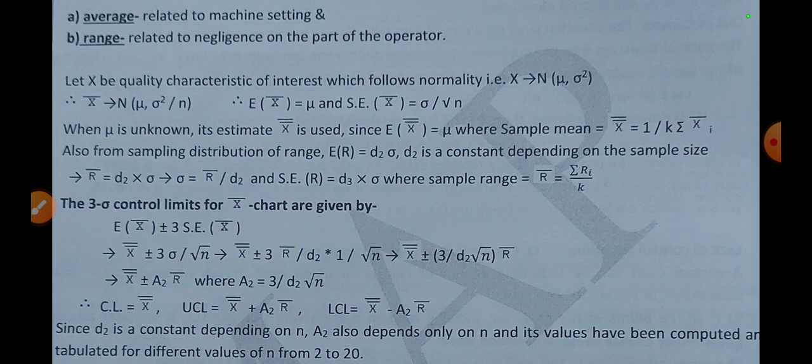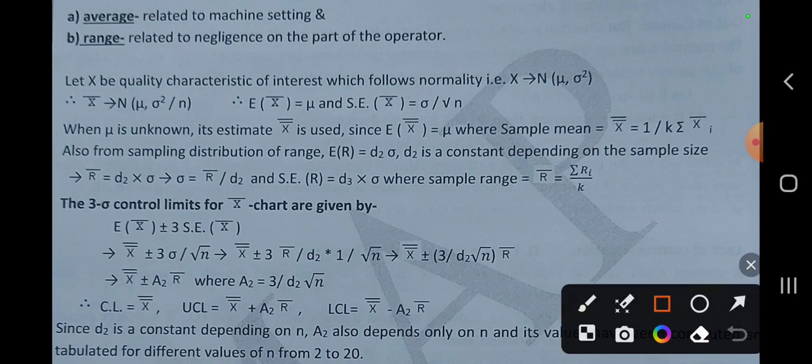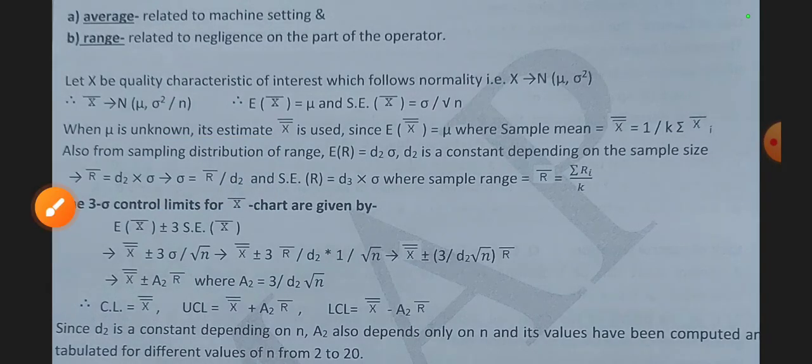So what is my sigma? Sigma is equal to R bar upon d2. Find these values and put them in the formula expectation of X bar plus or minus 3 standard error of X bar, and get the values of control limits. So these are the control limits for the mean chart.